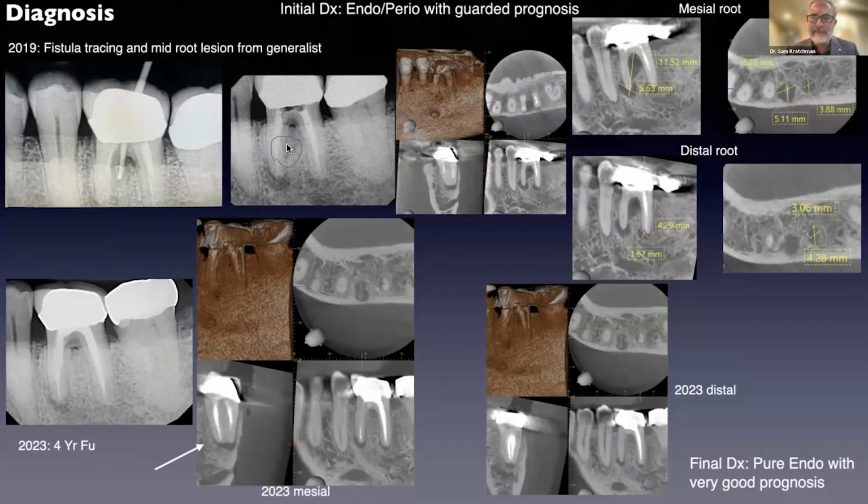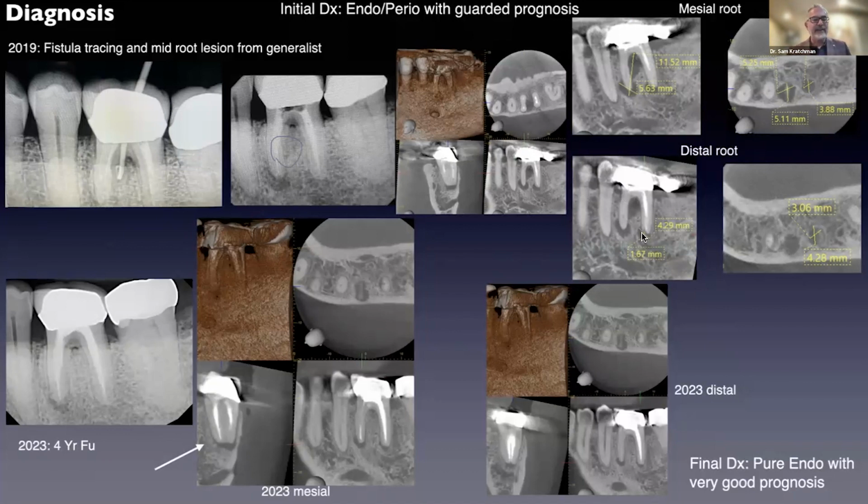Now, there were not deep probings here. Clearly, there's a periapical lesion. And look at the pre-op cone beams. So look up here where I'm circling. Furcation lesion going down into the apex, mesial root, small lesion on the distal root.